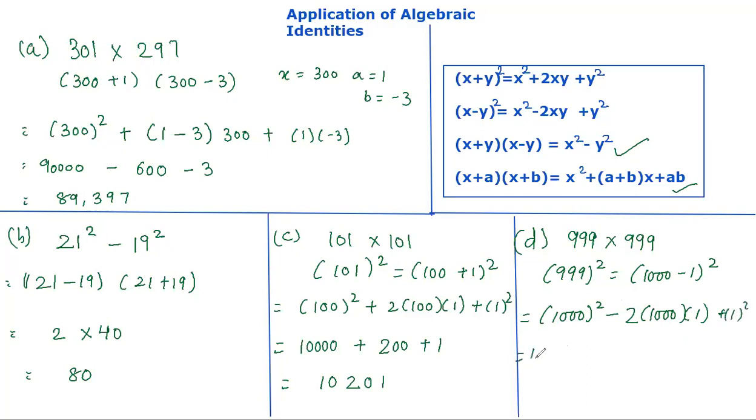So this will be 10 lakh minus 2000 plus 1. So that will be 9 lakh 98 thousand 001, that is 998,001. So first I have subtracted and then I have added the value 1 over there.